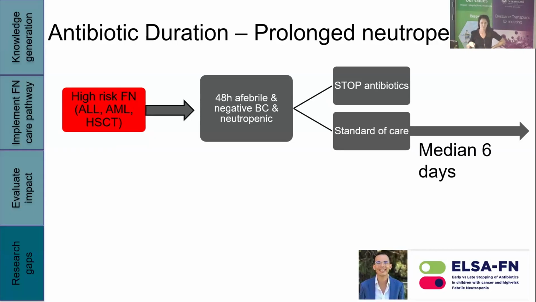All that time that I'd been spending in the preceding years on targeting the lower-risk febrile neutropenia patients, when we went back and looked at those typical high-risk patients, the AML diagnosis, the dose-intense therapy of ALL, the transplant patients that were expected to have neutropenia for longer than 7 to 14 days, their antibiotic durations were really blowing out to, for AMLs, a median of 10 days, overall a median of 6 days. And these were in patients that had become afebrile within 48 hours, had negative blood cultures, but remained neutropenic.